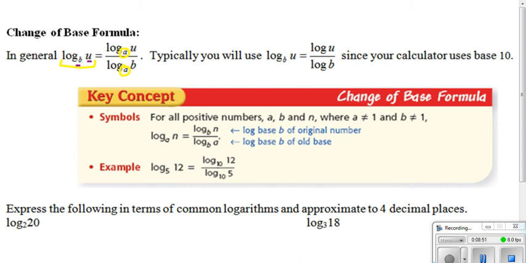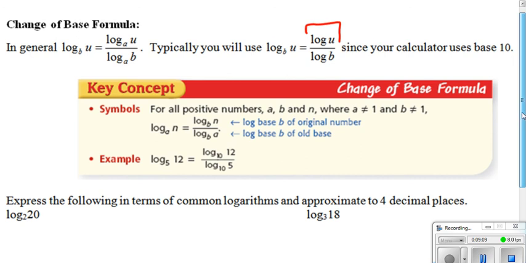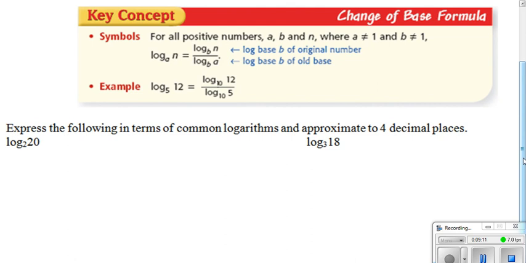Well, then we can pick what we want our value a to be, which is very useful if we pick a to be 10, because then we can just change it to a common logarithm and say that it's log u over log b, which is nice because our calculators always use log base 10. That's just the log button.